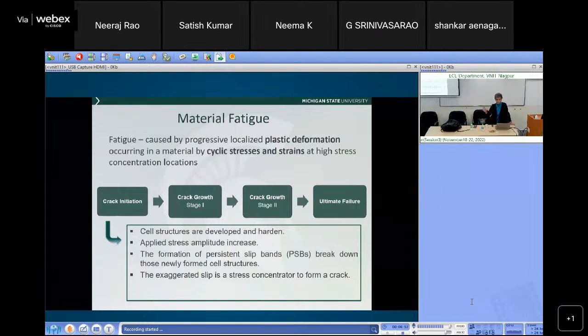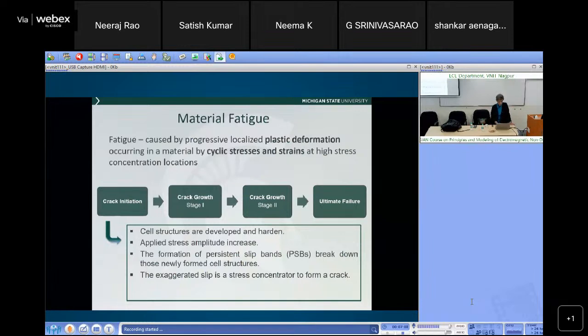There's something called creep damage and metal fatigue. Even aircraft, for example, when you have cyclic loads, high amplitude stresses, you can develop fatigue problem.